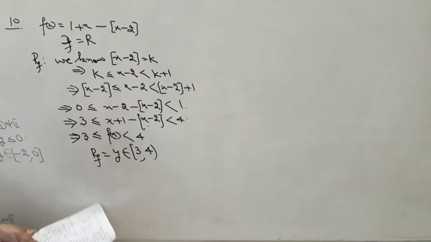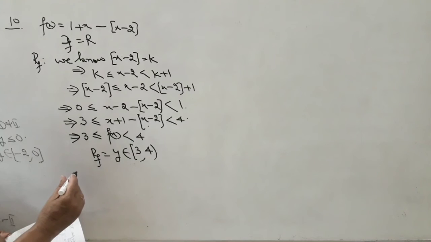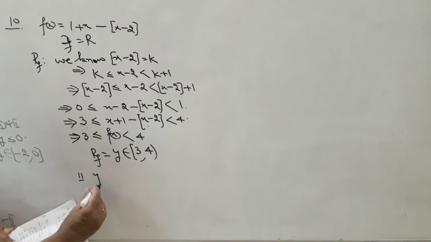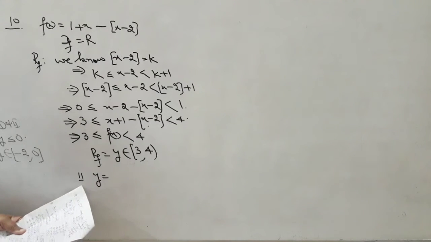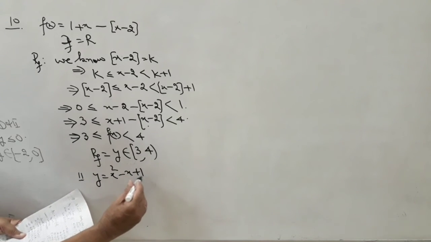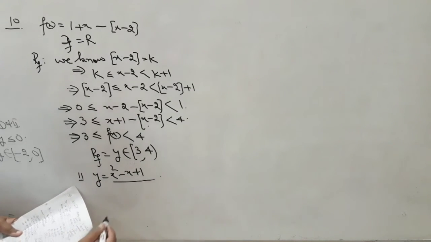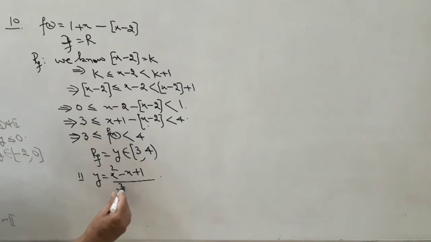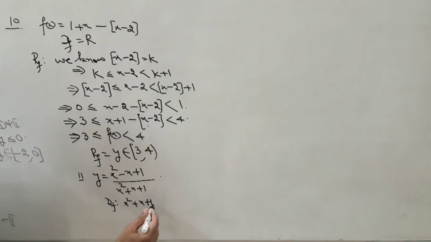Now take up question number 11. It says y = (x² − x + 1)/(x² + x + 1). For the domain, x² + x + 1 is not equal to 0.